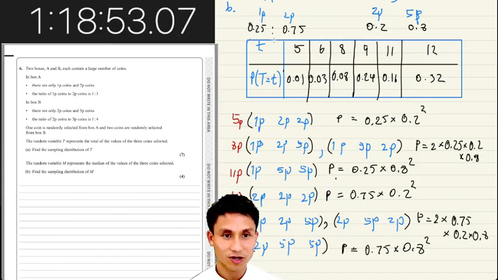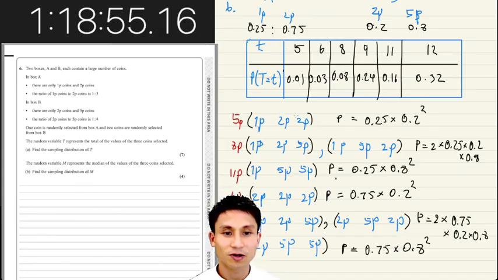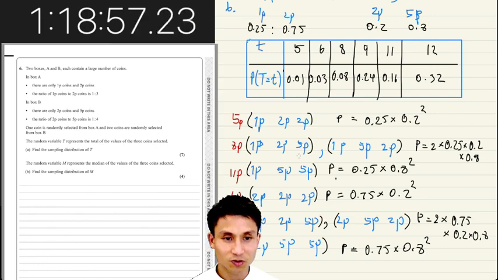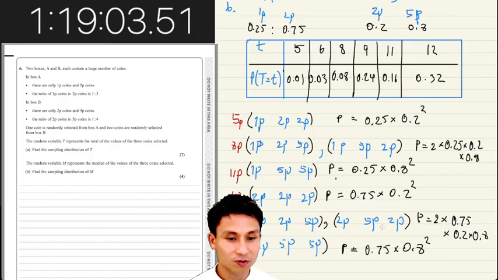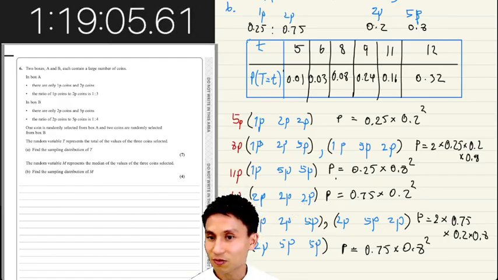Right, something must be wrong. Okay, so I'm going to try to check everything again. So this is 122, 125, 152, 155, 222, 225, 252, 255. That seems to be all the cases.